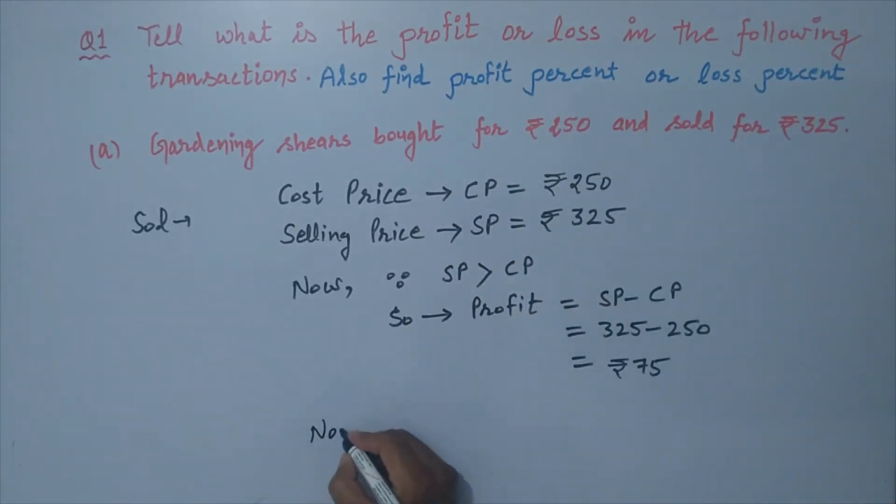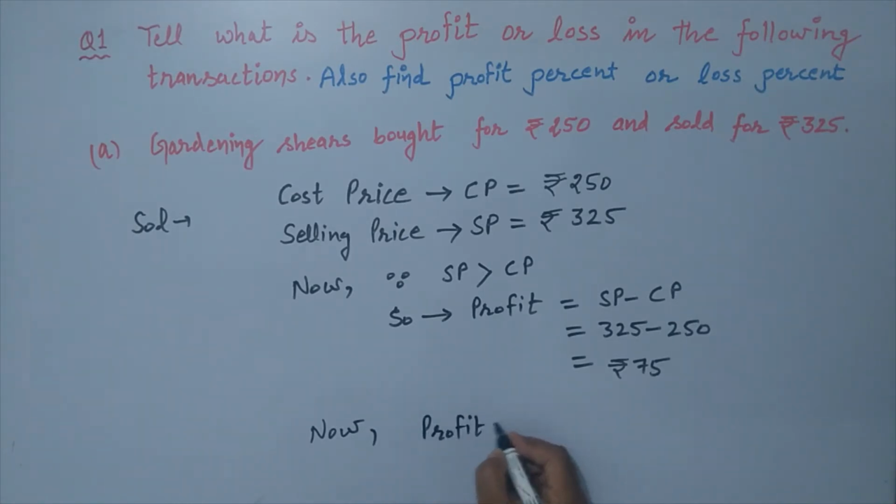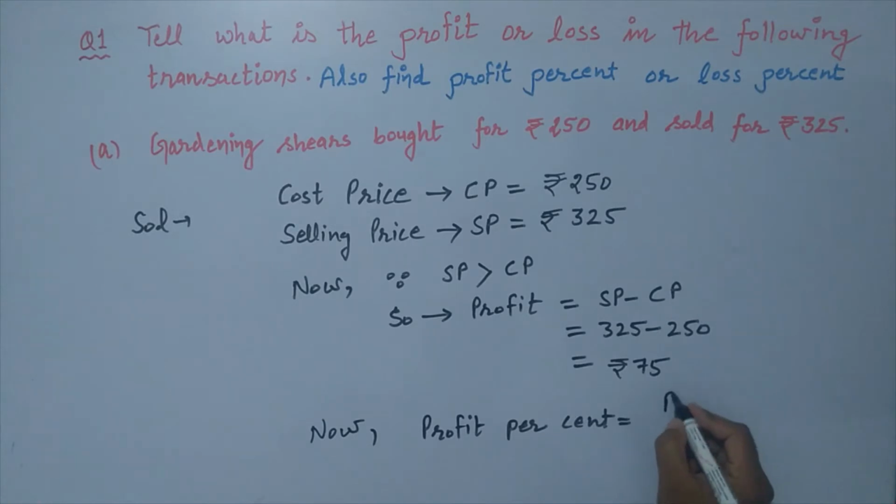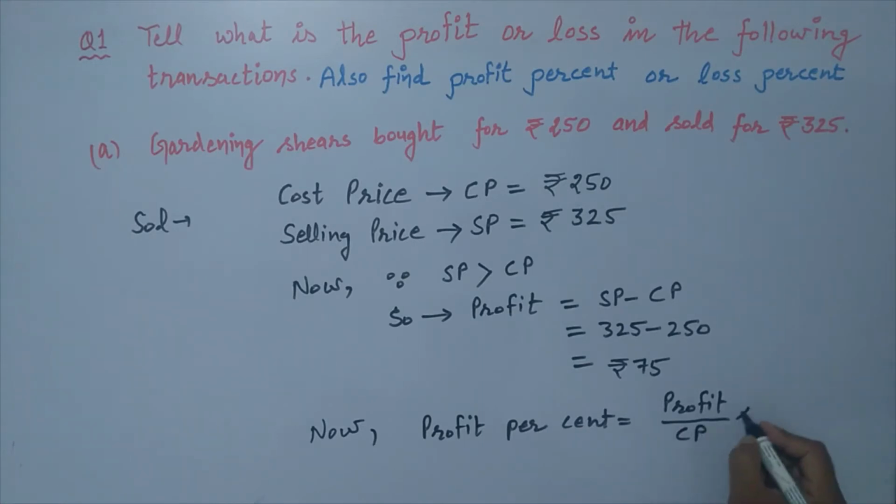Now next part of the question is also find profit percent. Now second part we are going to solve. Profit percent is equal to profit divide cost price into 100.